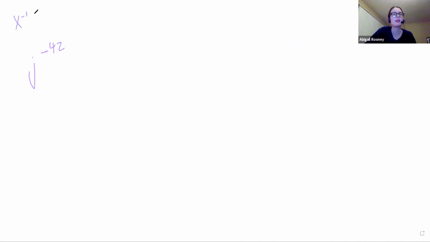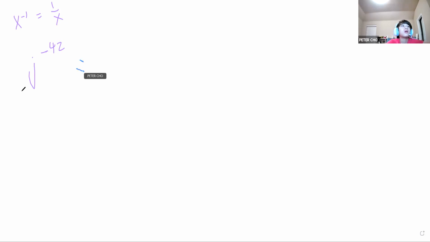Like x to the negative 1 is the same as 1 over x. So knowing that, how would you rewrite j to the negative 42nd? I am confused. Sorry.